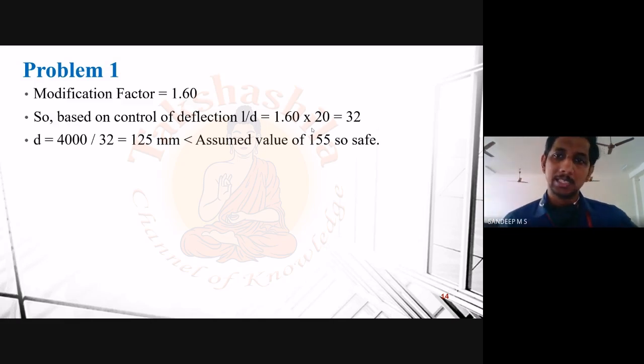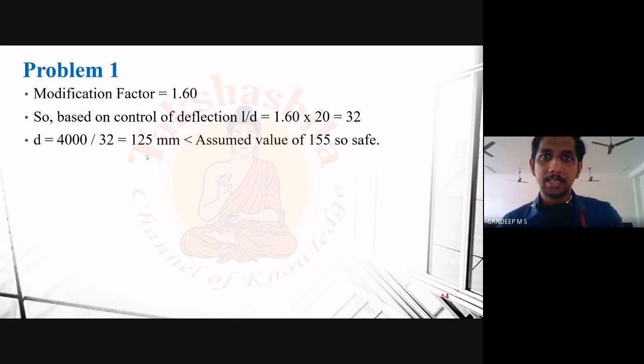Please understand this, and based on L/D ratio equal to 20, we are using this modification factor. Therefore L/D ratio will be equal to 1.60 into 20, which is coming around 32. Therefore from this the minimum depth required is 125. We have provided a depth of 155, so again our case is safe from the point of view of control of deflection also.